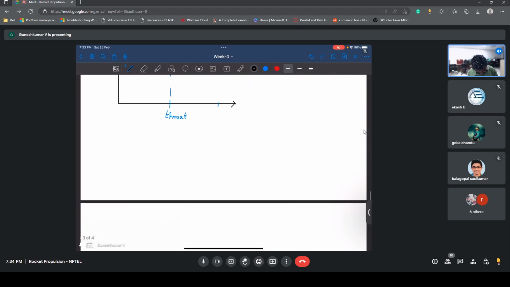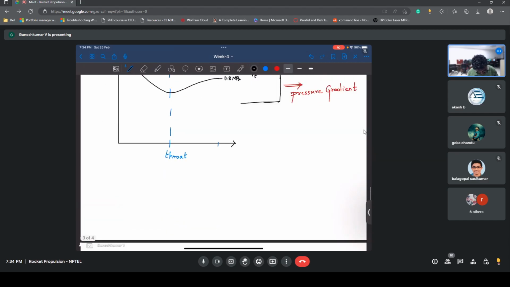Let's say I also want to plot the velocity for this thought experiment. Initially I haven't established any velocity, with p equal to 1 megapascal. Now I have established a velocity, because the fluid knows there is a pressure gradient, so the velocity increases up to some value.